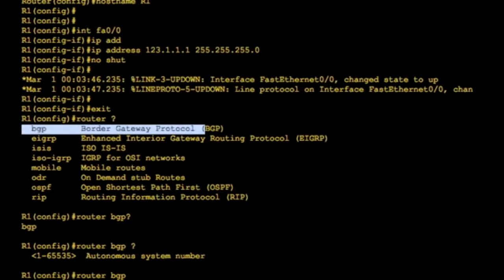Let's see what comes next. And so we've got autonomous system number from 1 to 65535. To get your AS number, you have to go to your local registrar. Here in Europe, we're in the UK, so we go to our local registrar, and they are RIPE. And the RIPE guys, you apply for your AS number and for your IP space, IPv4 or IPv6 space.